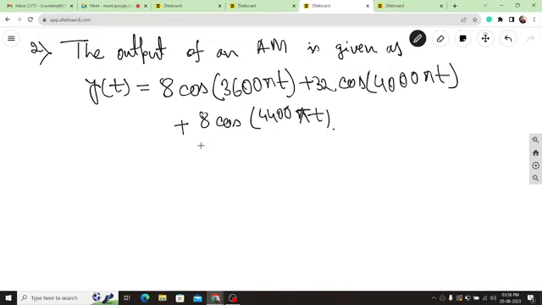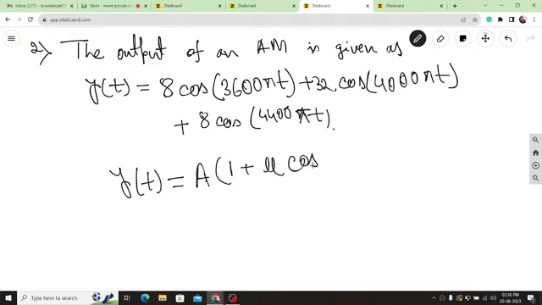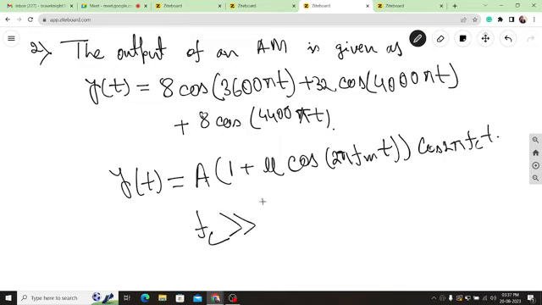Now the signal can also be expressed as A into (1 plus mu cos 2 pi fm t) into cos 2 pi fc t, and fc is greater than fm.